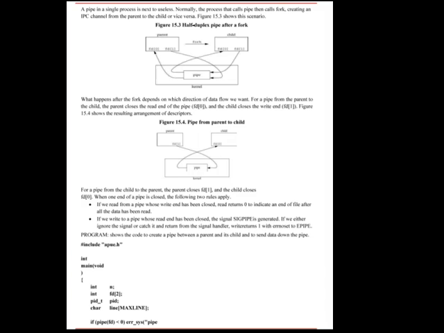If we either ignore the signal or catch it and return from the signal handler, write returns -1 with errno set to EPIPE. The following program shows the code to create a pipe between a parent and its child and to send data down the pipe. See the program.